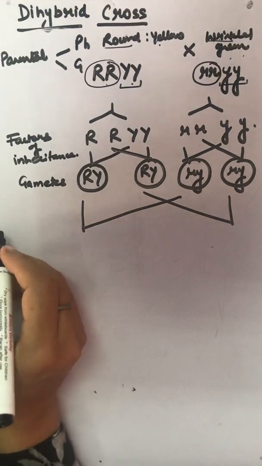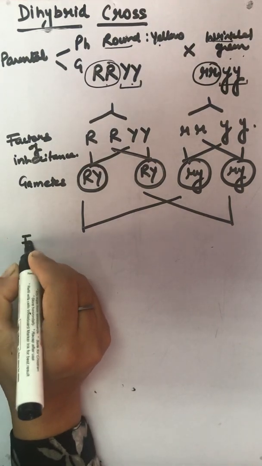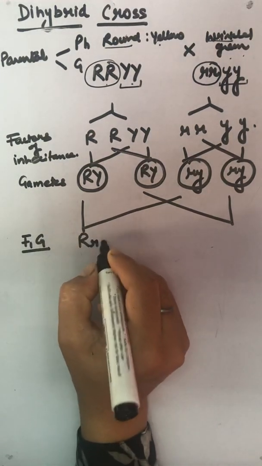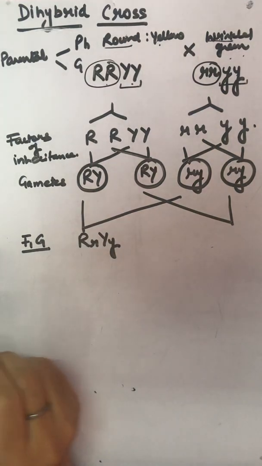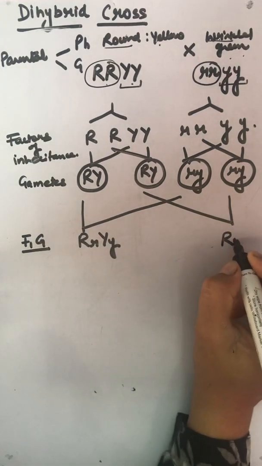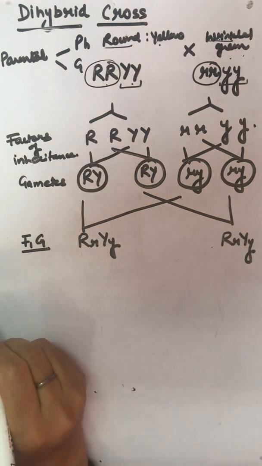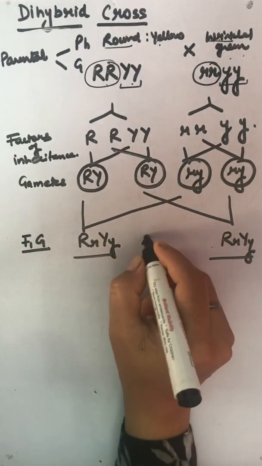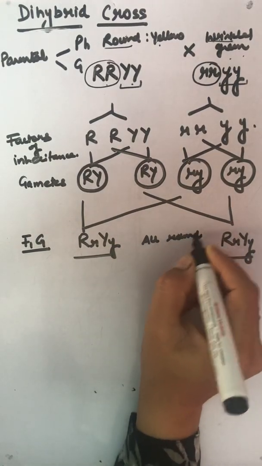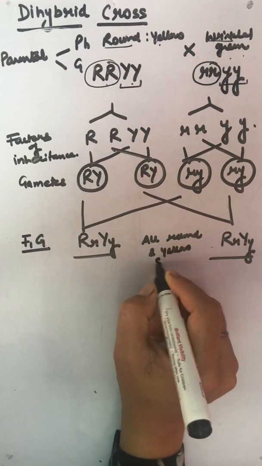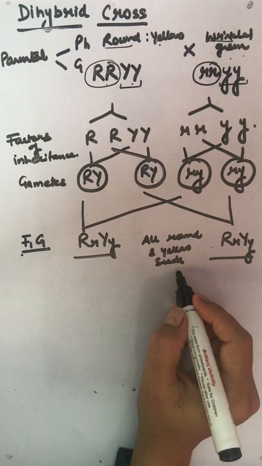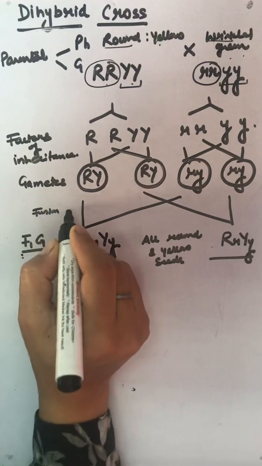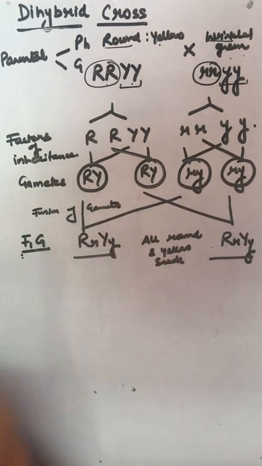We are showing the F1 generation where the genotype suggests formation of round and yellow, round and yellow. Alright. So what have we observed? All round and yellow seeds, which are observed in the plants of F1 generation which have undergone fusion of gametes.